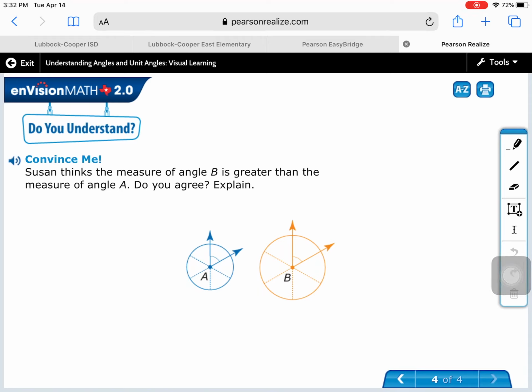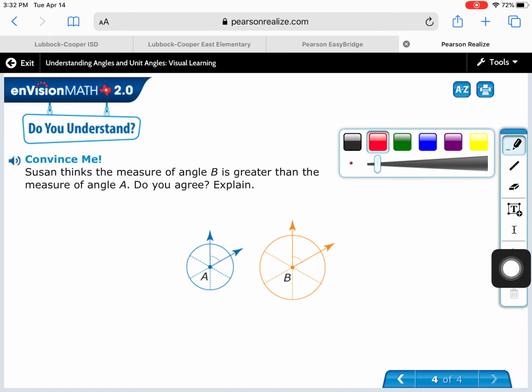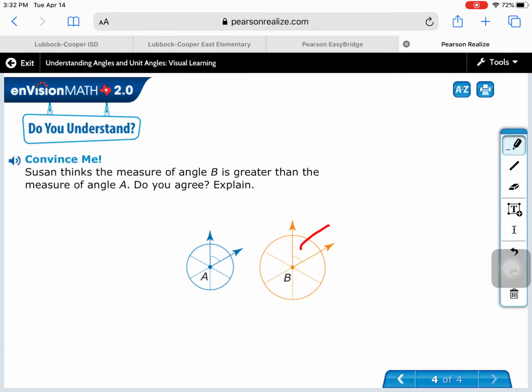Last part says, convince me. Susan thinks the measure of angle B is greater than the measure of angle A. Do you agree? And explain. So in order to do this, I would use my pencil here to think about, okay, how many parts is this divided into? So there's 1, 2, 3, 4, 5, 6 parts here. And there's 1, 2, 3, 4, 5, 6 parts here.